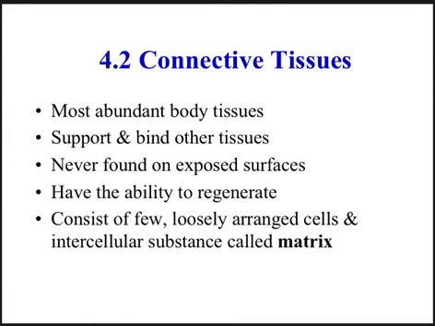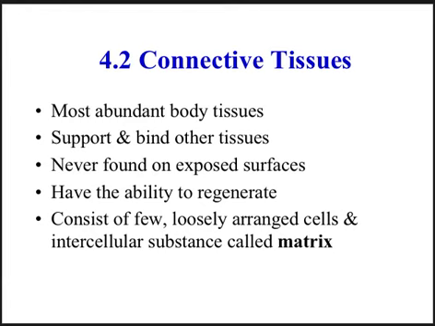But unlike epithelial tissue, which is made up of many tightly packed cells with very little space between them, what we see in connective tissue are scattered cells that are surrounded by what we call an extracellular matrix. This matrix is important because it's really the job description of the connective tissue.